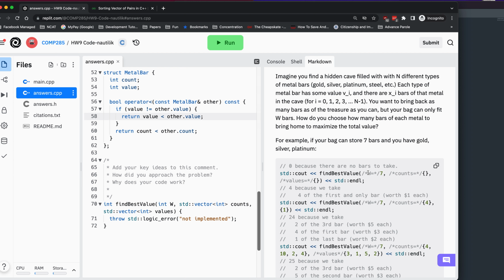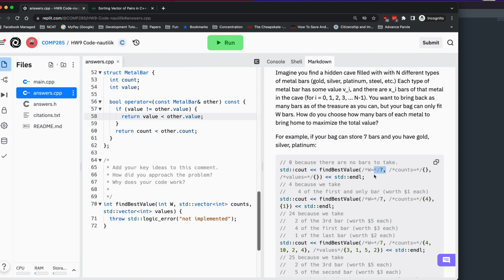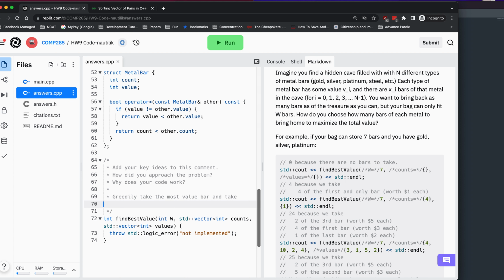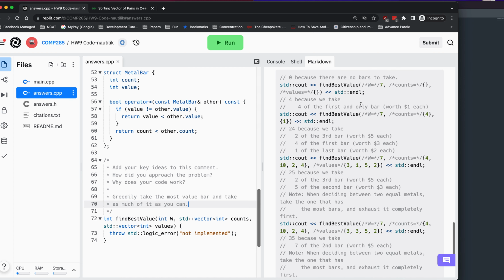So what you would do is greedily, you would just take the bar that is the most valuable and you would take as much of it as you can, right? So that is the idea here for this algorithm again, right? So greedily take the most valuable bar and take as much of it as you can, right?